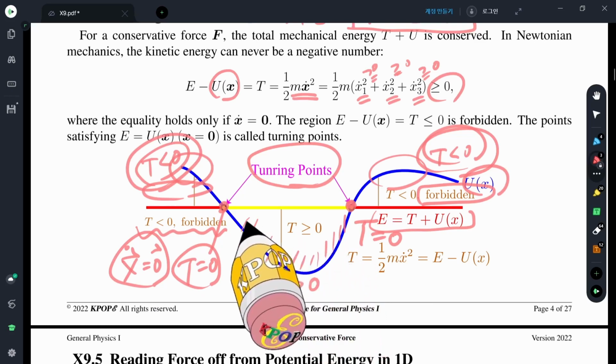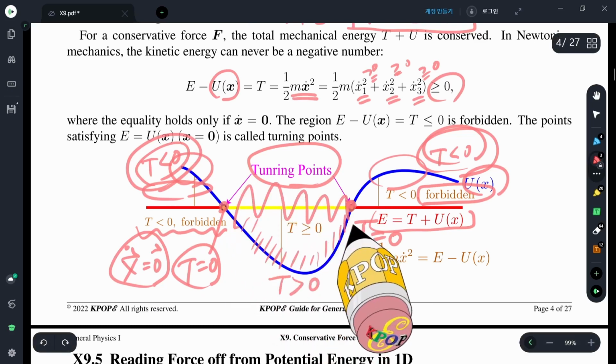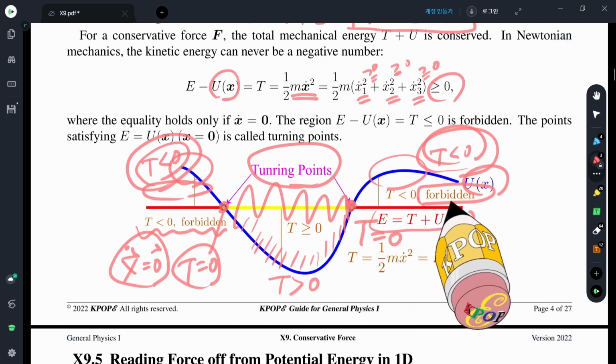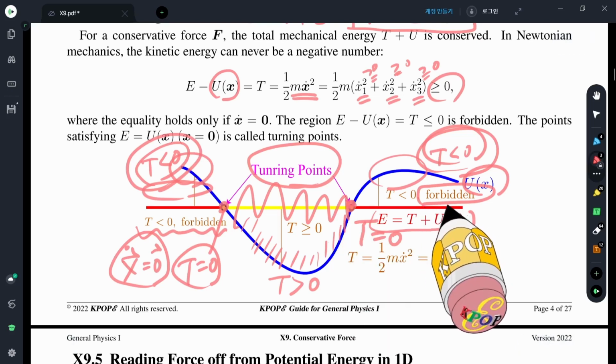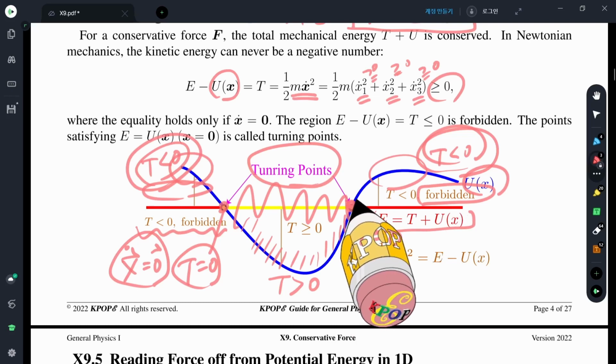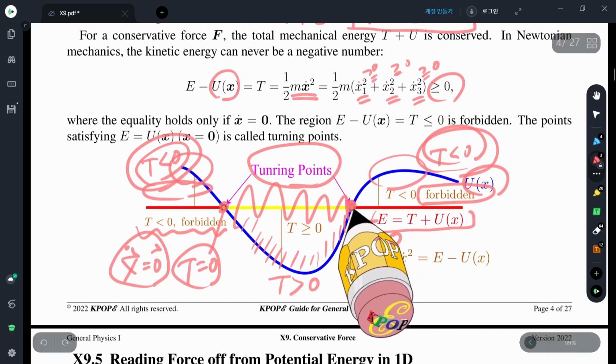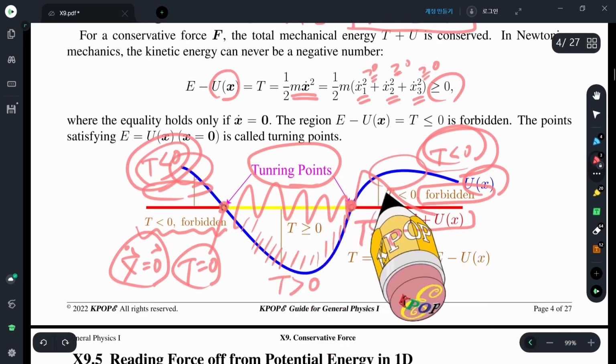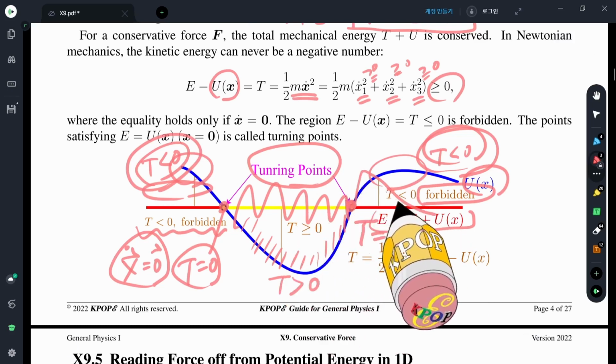In the classically allowed region, the wave appears. In the forbidden region for classical mechanics, in quantum mechanics or wave mechanics, the wave decays instead of being exactly 0.